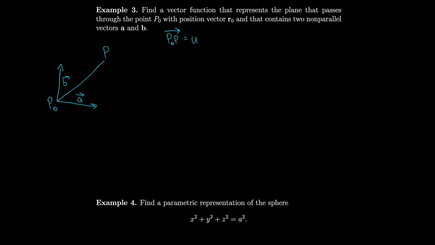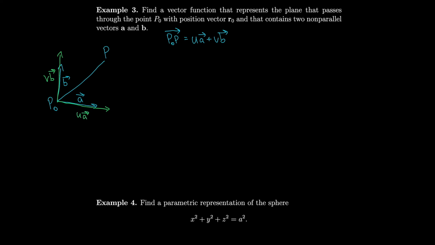How about we say that u times a plus v times b would get us from P0 to P. So we'll extend b a little bit like this, and call this v times b, and we'll extend a so that we can get to P. We'll call that u times a.